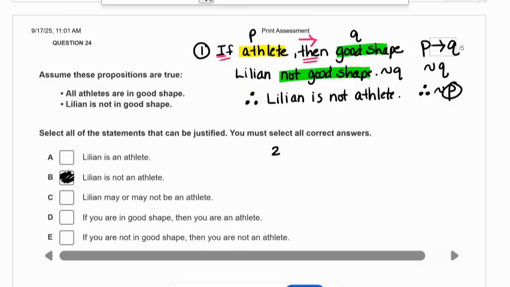The other thing that you have to remember is that if this original statement is true, then the contrapositive is also going to be true. Y'all, both of these true statements we're talking about come from the contrapositive.